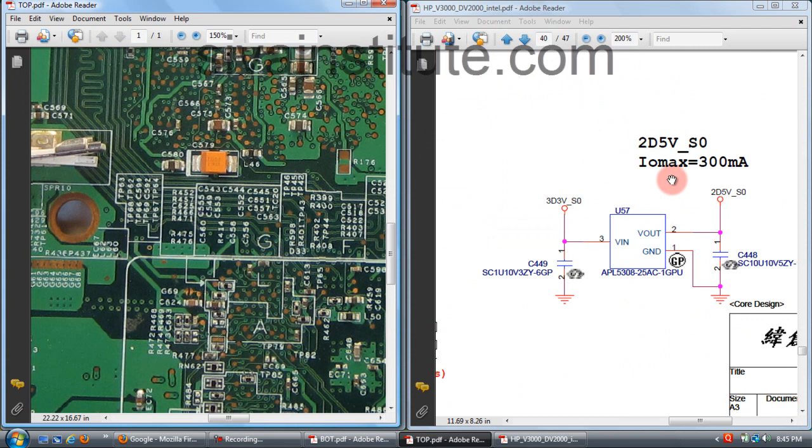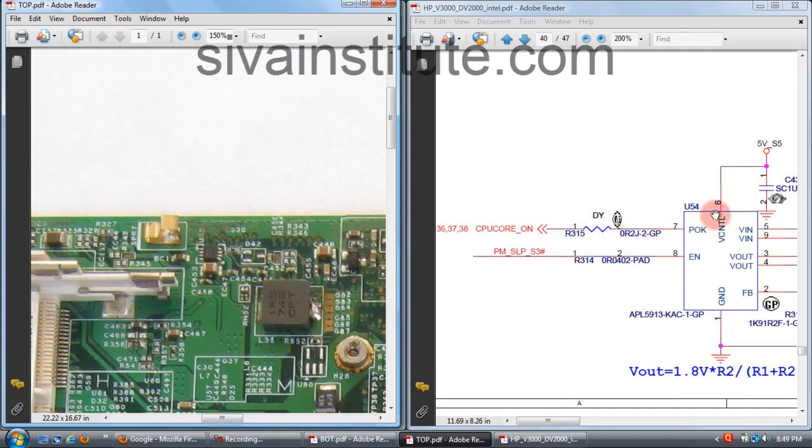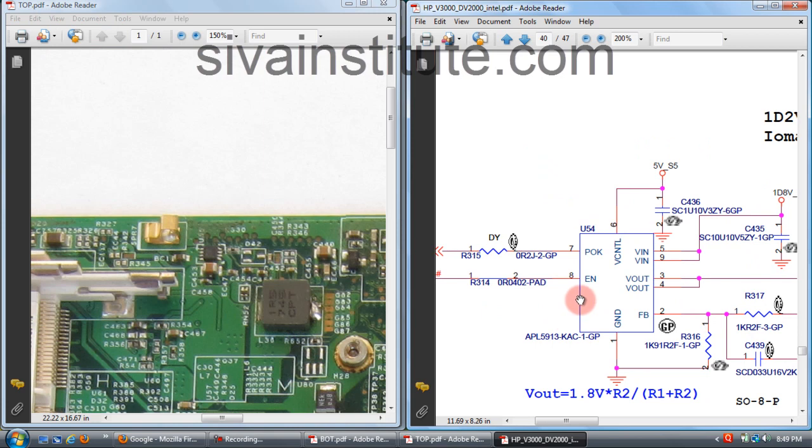This is 2.5 volts regulator IC. When you give voltage to pin number 3, this voltage comes out from pin number 2. Pin number 1 ground, pin number 3 input, pin number 2 output, U57 this IC. This is U54 IC. When you give SLP-S3 command to pin number 8, this will start function.